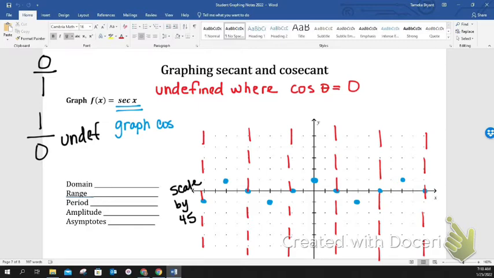This is undefined. So if cosine is 0 over 1, secant is 1 over 0, which is undefined. And that's why we have to draw asymptotes in.